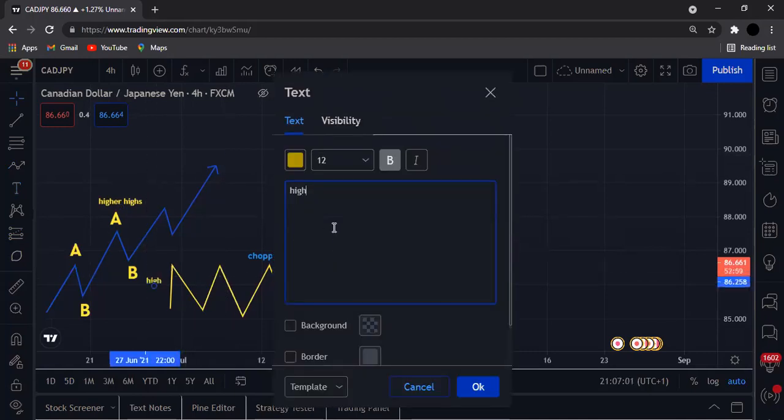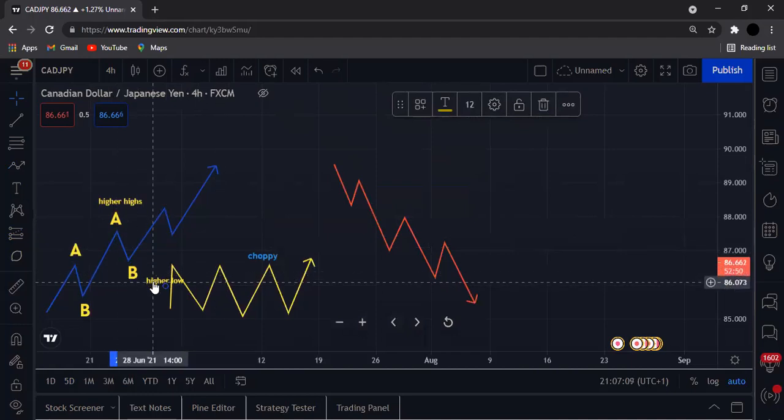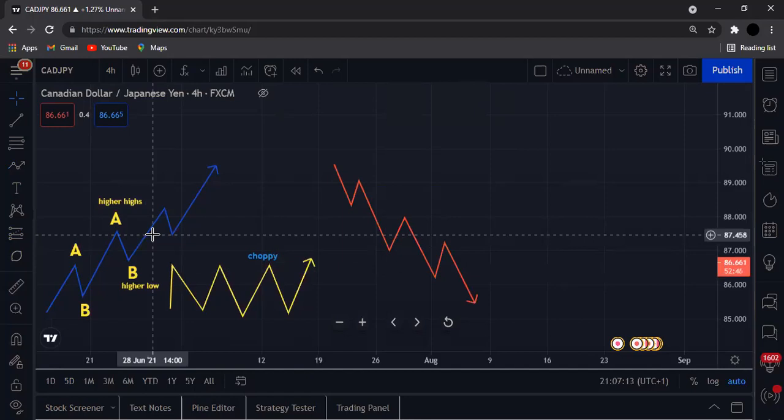So for an uptrend, we use the prefix high. Then the B is higher lows.